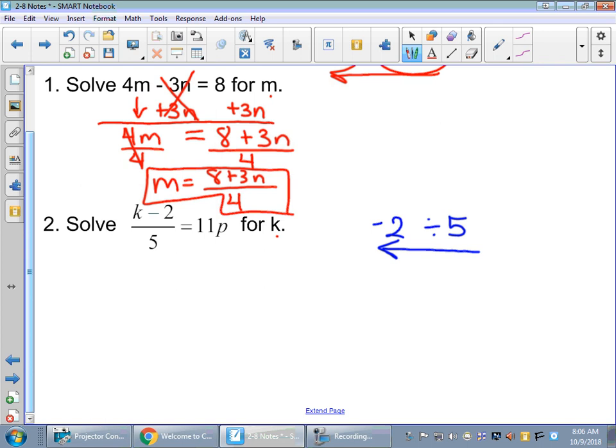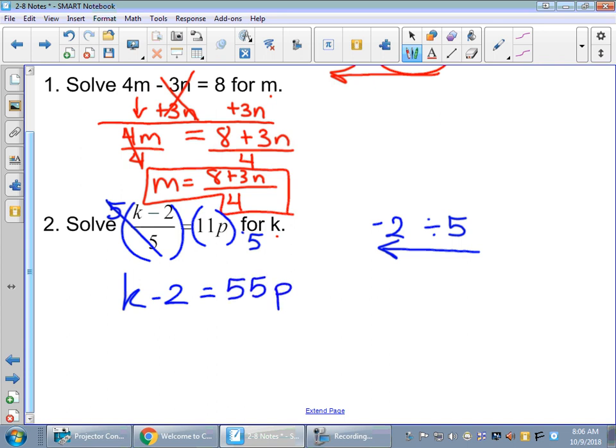So for the division by 5, we're going to multiply both sides by 5: this whole side by 5 and the 11p times 5. When you multiply the left side by 5, they just cancel, and you're left with k minus 2 is equal to 11p times 5, which is 55p.